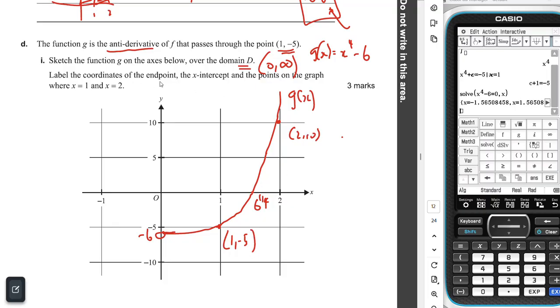Label the coordinates at the endpoint. Done. I'll do 0, -6. The x-intercept, done. And the point on the graph, done. So that's my graph.